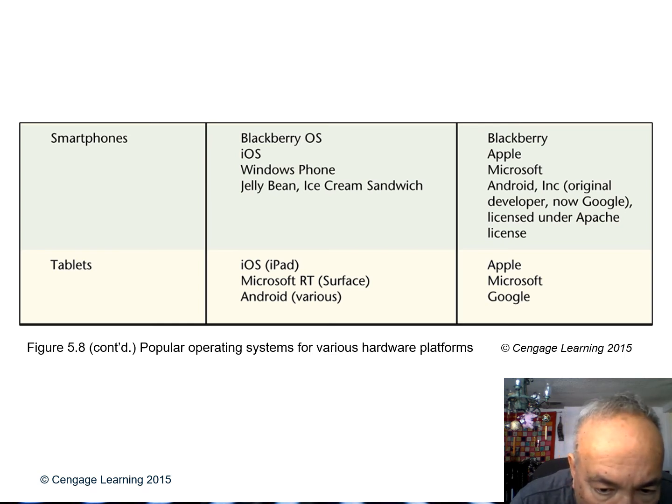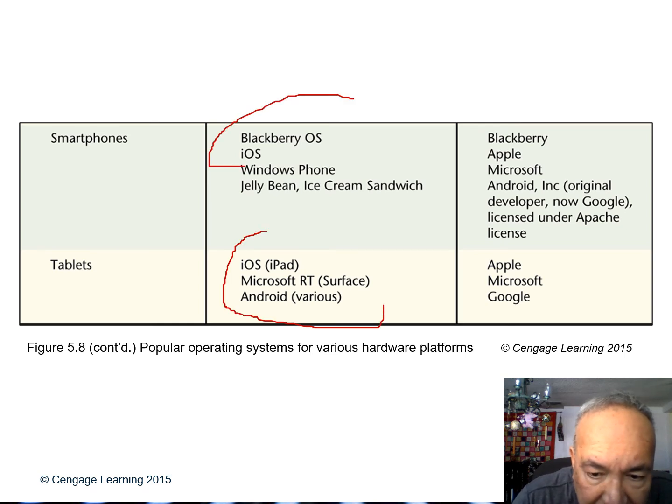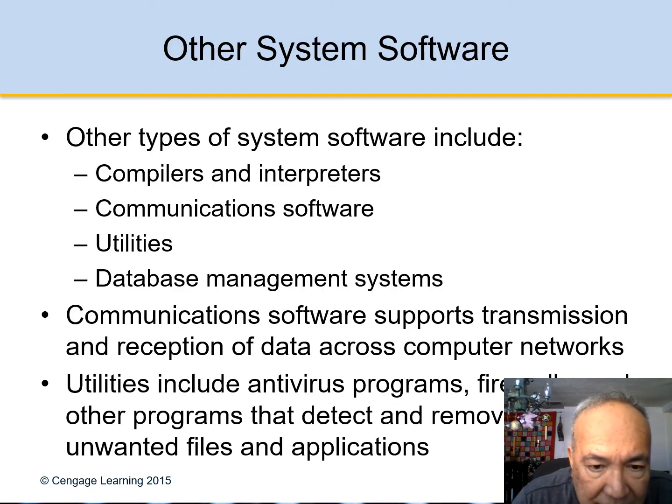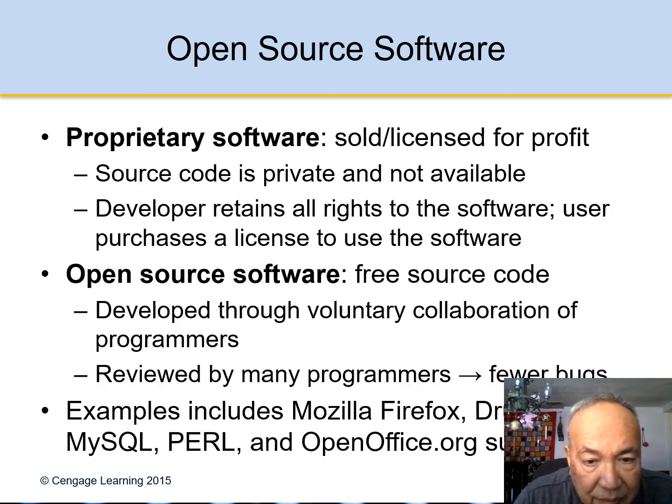And then you have the tablets. These are the operating systems for the tablets, and these are the operating systems for the BlackBerry. Other system software includes compilers, interpreters, communication software, utilities, and database management systems like Database 3 and other big database management programs.